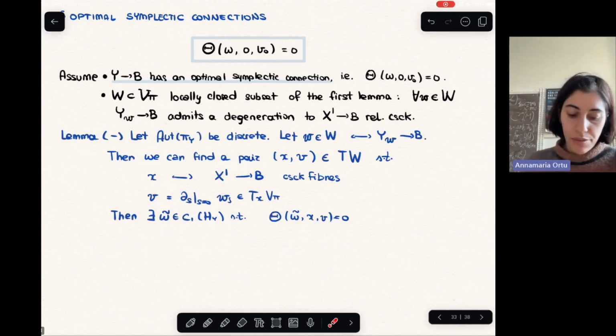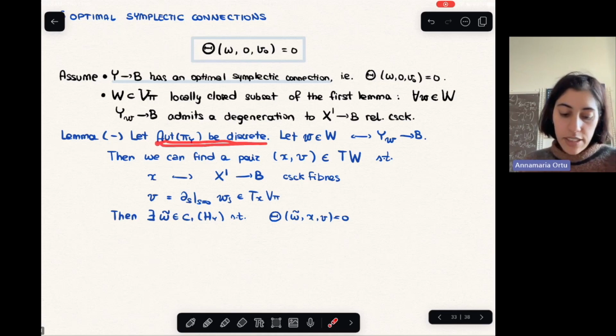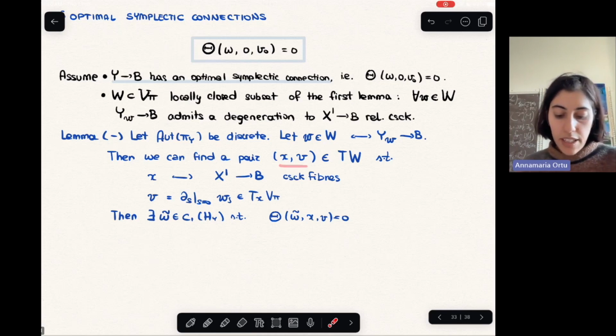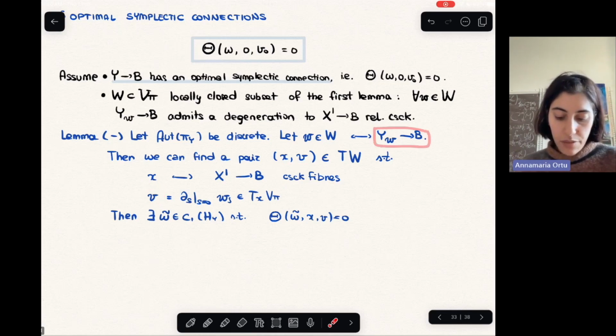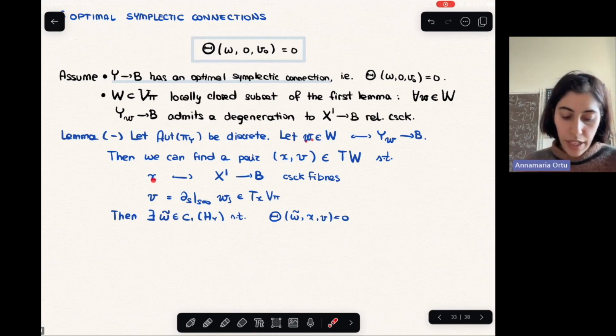And what happens is that if the automorphism group is discrete, then having an optimal symplectic connection is open. So it means that for every point in this W, we can find a pair X, V where X parameterizes a fibration with constant scalar curvature of fibers, and V represents the deformation of W to X. Then we can find a metric on this fibration such that the equation is satisfied.